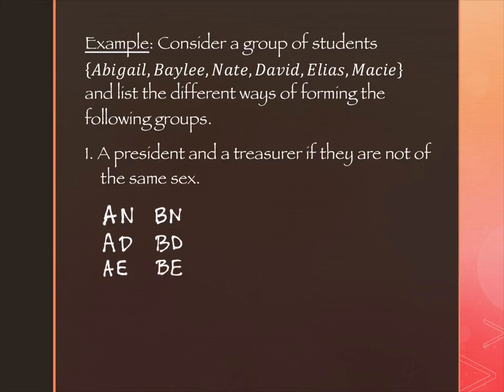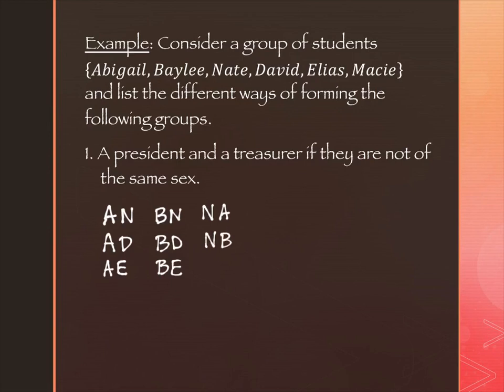You got it. But maybe Bailey's not president either. So we go down the list. Maybe Nate's the president, right? So it could be Nate. Now, if Nate's president, now we've got a boy that's president, we have to make sure that the people that we group with Nate is going to be a girl. So it could be Nate and Abigail, or it could be Nate and Bailey.